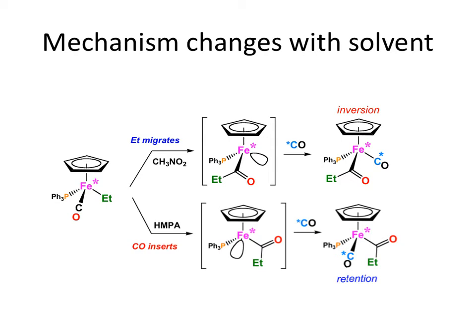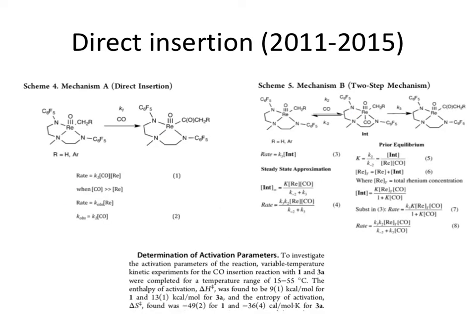Those two molecules are enantiomers of one another, and they were able to determine that by optical rotation measurements, among other things. So it turns out that you can see carbonyl insertion or alkyl migration as the mechanism for the migratory insertion reaction.